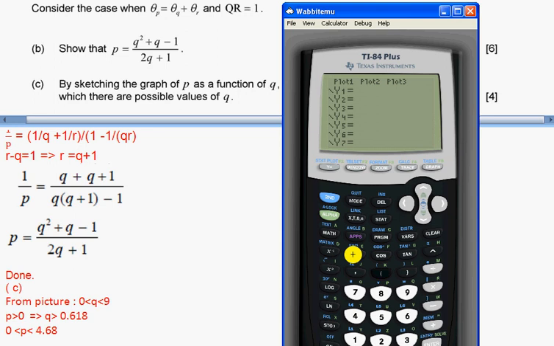Bracket X squared plus X minus 1, divided by bracket 2X plus 1, bracket closed.